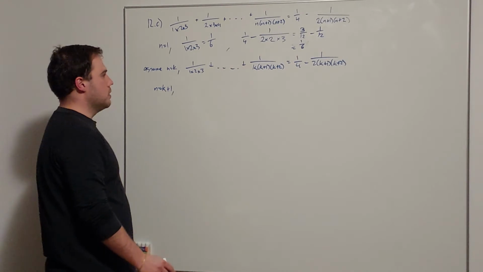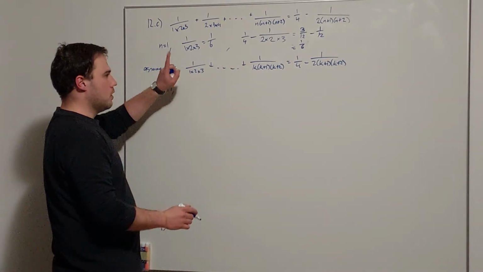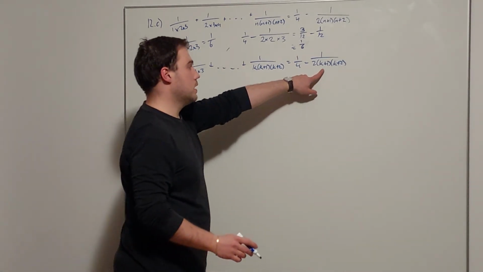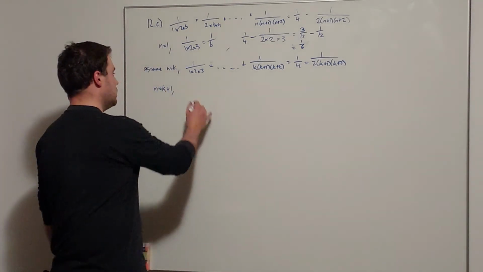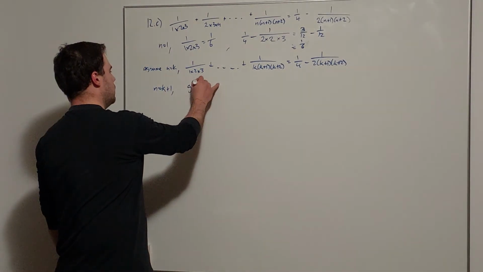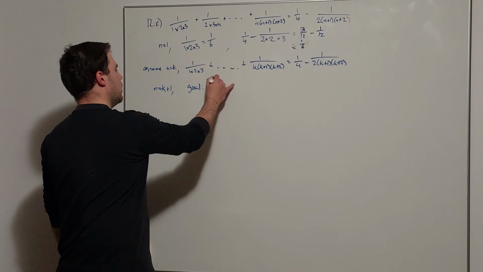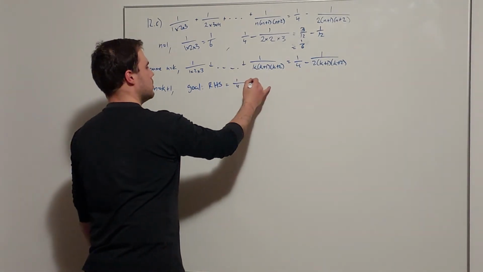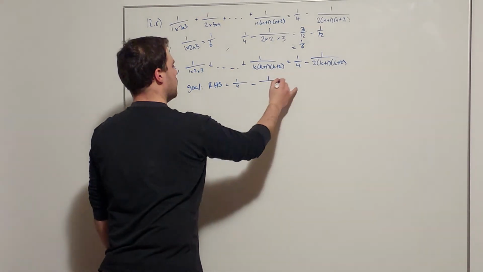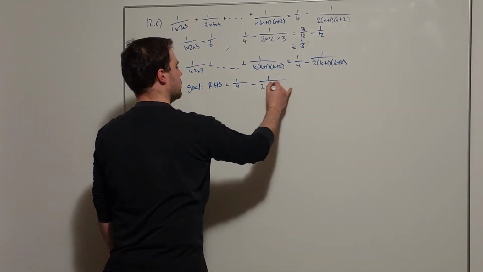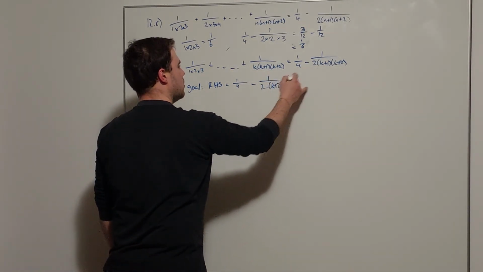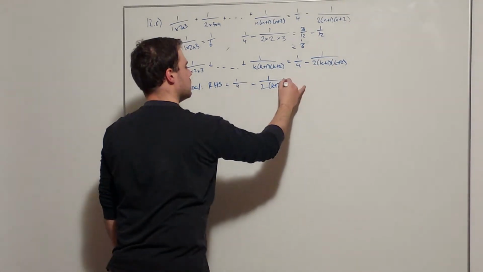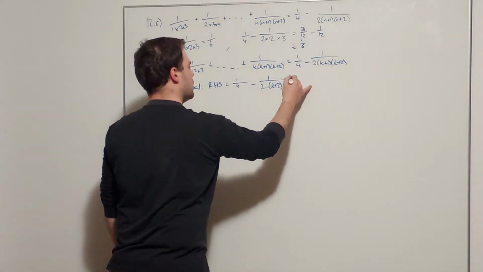So I would normally sub it into the right hand side to check what the goal is. So the goal is a quarter minus 1 on 2, k plus 2, k plus 3, since k plus 1 plus 1 is k plus 2 and k plus 1 plus 2 is k plus 3.